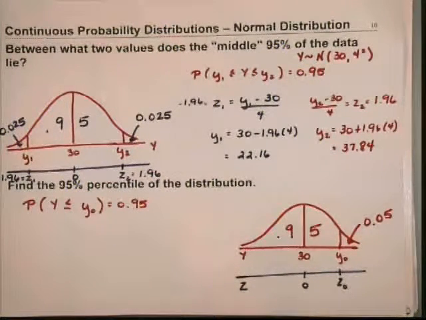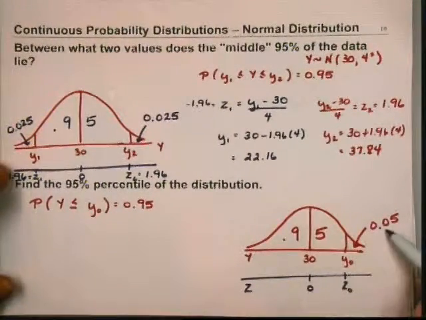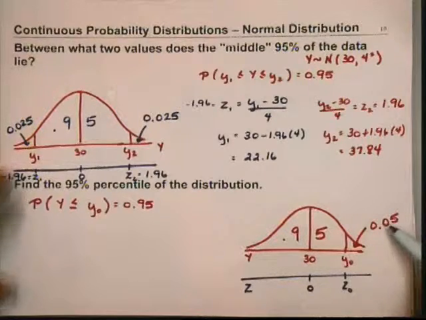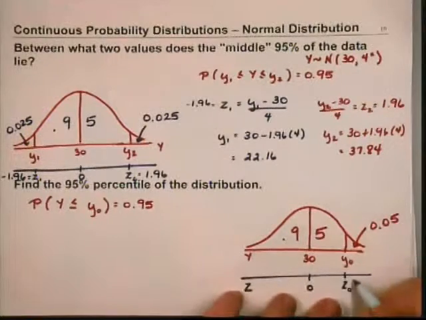What is the value for z naught? Excuse me, you're off a decimal place here. You want 0.05, you went 0.005, I think. It's 1.645.